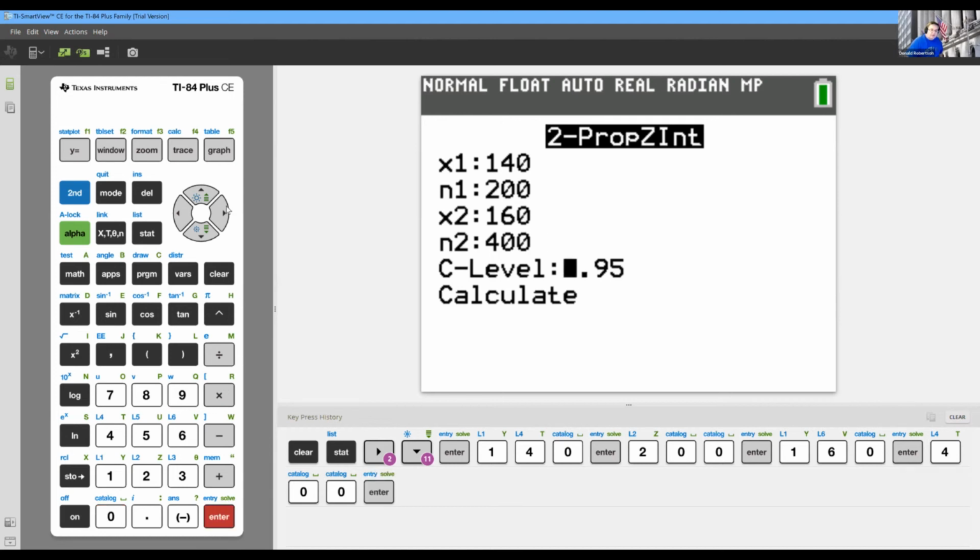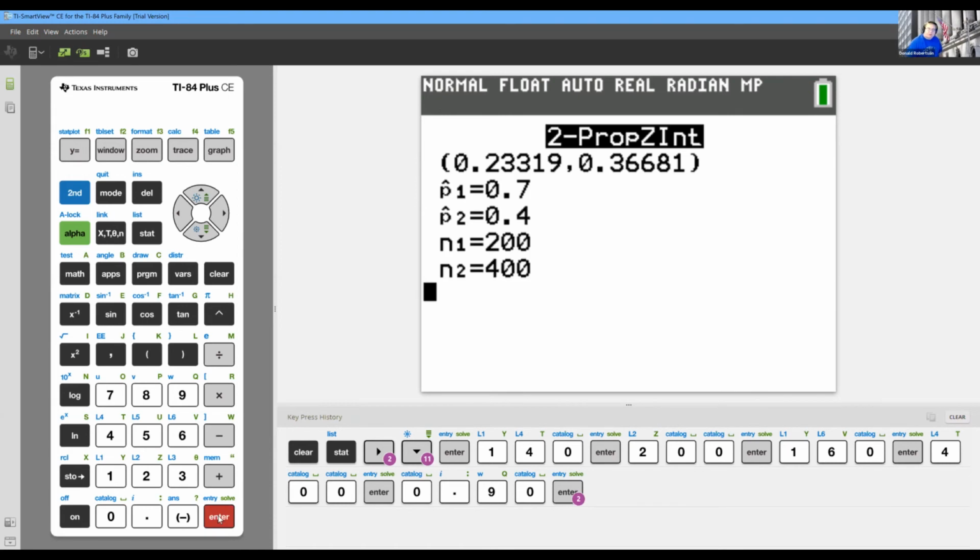I'm going to change this to 0.90, so that's a 90% confidence interval, and then calculate. And the answer that I get here is 0.233 to 0.367. We got that, guys? Right.